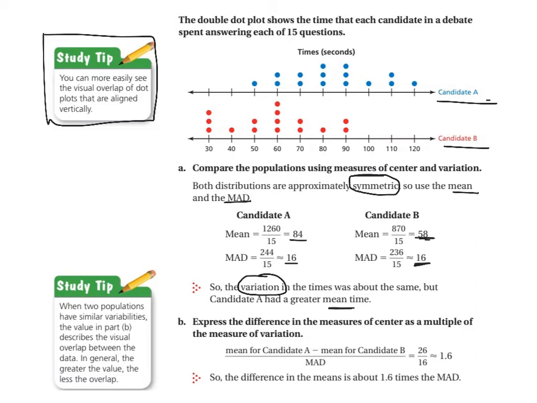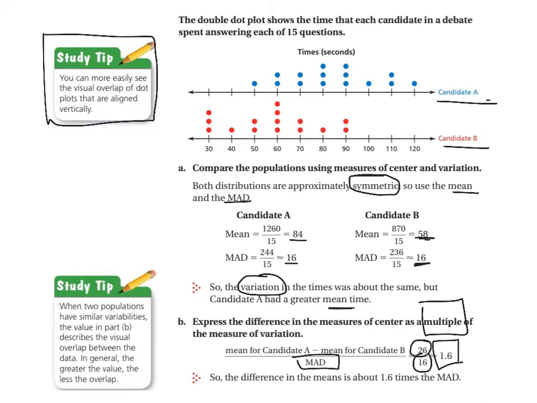Express the difference in the measures of center as a multiple of the measure of variation. So this word multiple makes us think we're going to multiply, but we're not. We have to divide because our answer is a multiple. So we take the difference, mean for candidate A minus the mean for candidate B, which is 26, and we divide it by the MAD, which is 16, and we get 1.6.